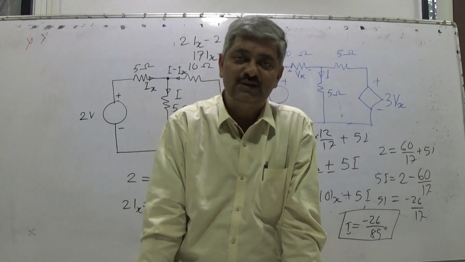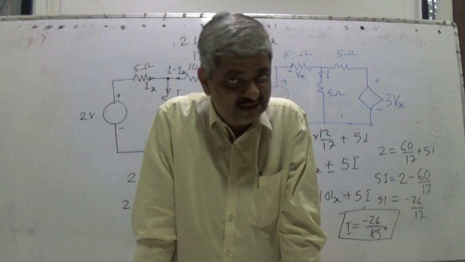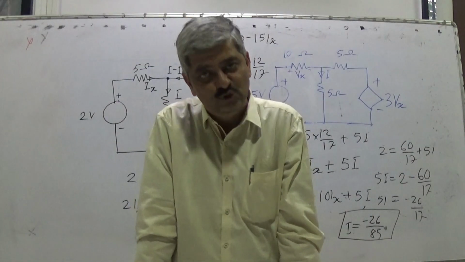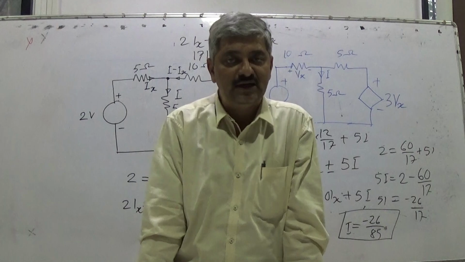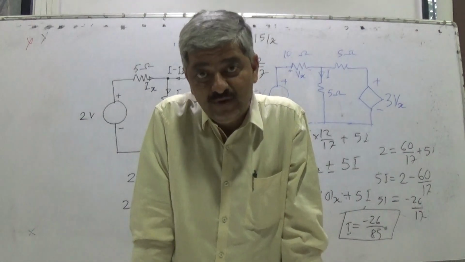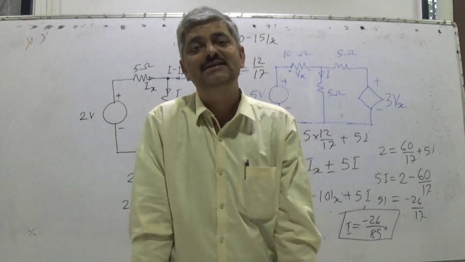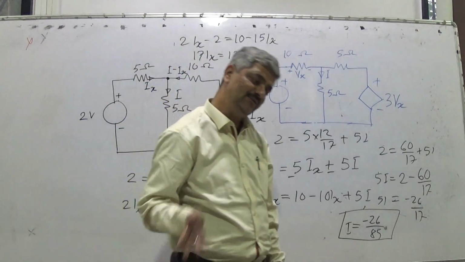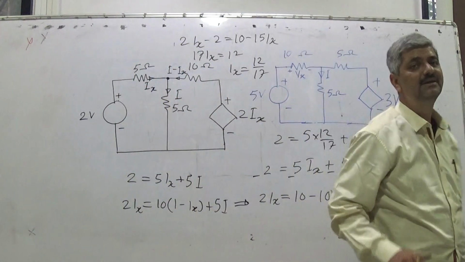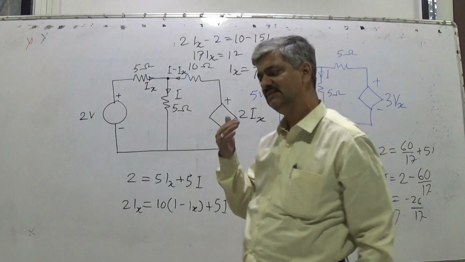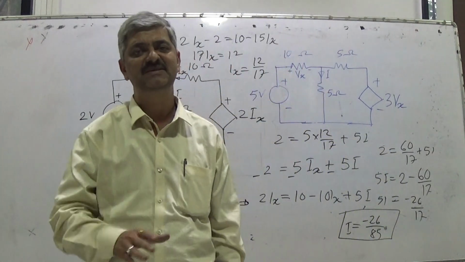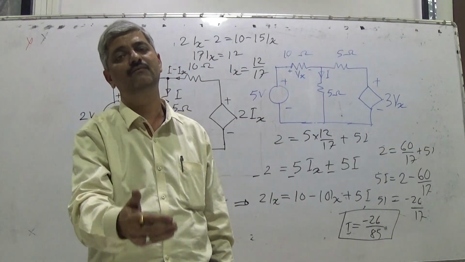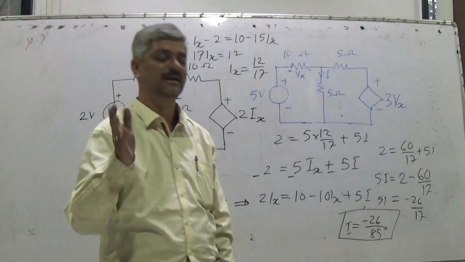The networks which consist only of impedances are called passive two-port networks, whereas two-port networks which consist of dependent sources are called active networks. And for active networks you can also compute two-port network parameters in exactly the same manner as specified earlier.